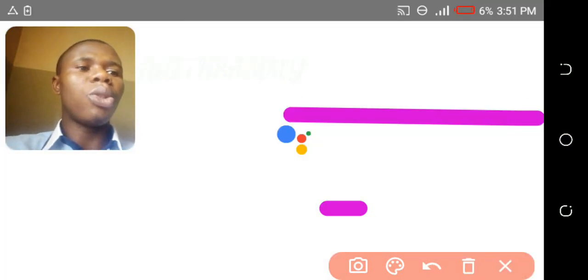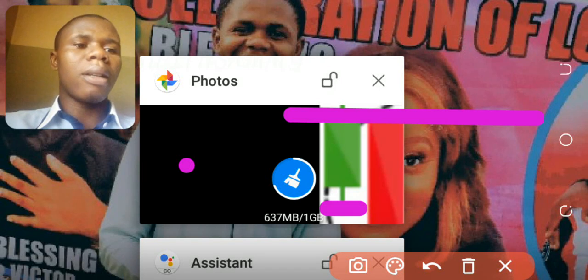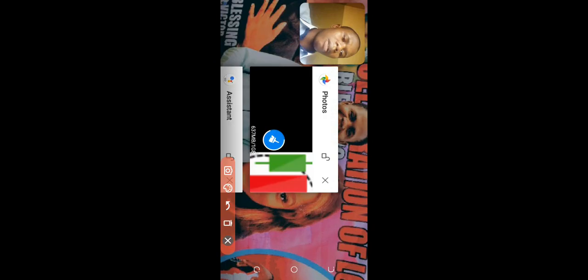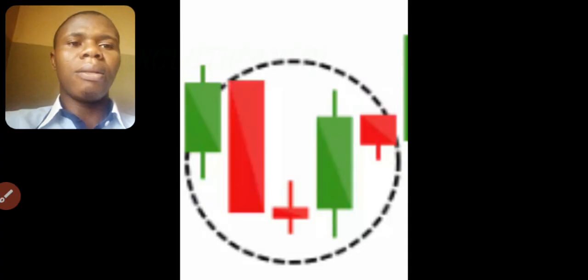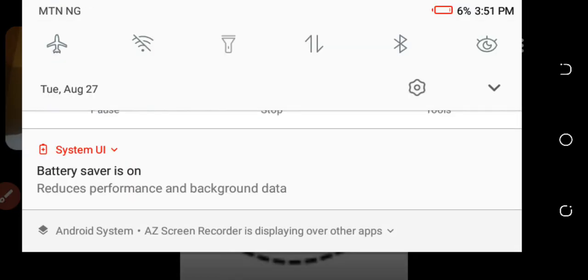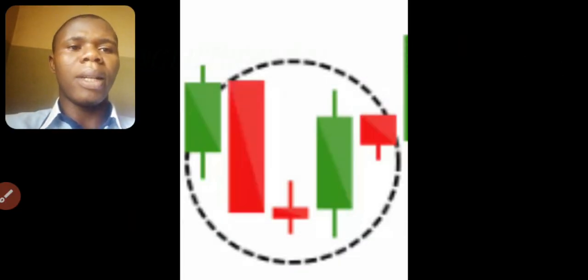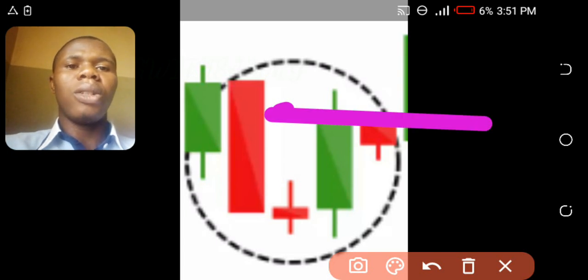So this shows us a clear indication that the market has come back to its normal phase, so we can start looking for an opportunity to start buying from here. This is where your entry should be, to the upside.